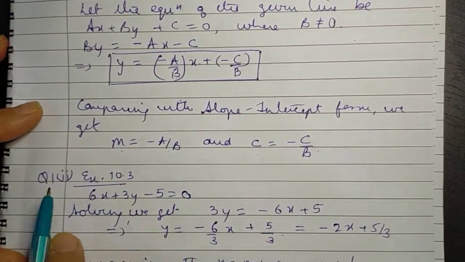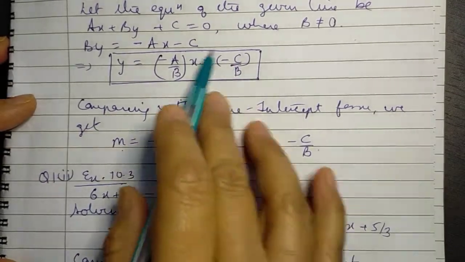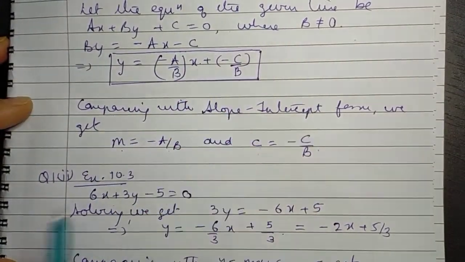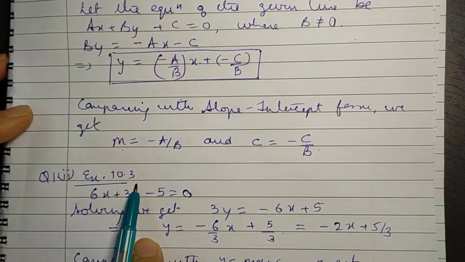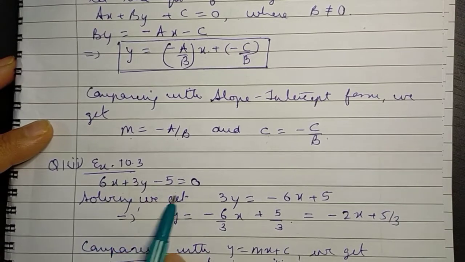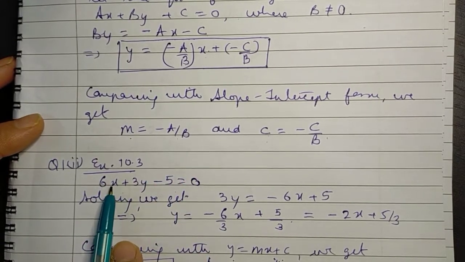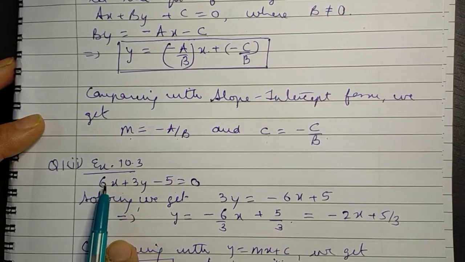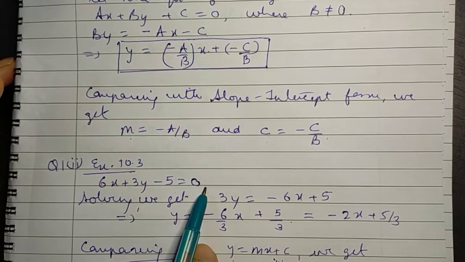Okay, so now let's just quickly take up one question to understand this better. Let's take up question number 1, part 2 of exercise 10.3. It says that we have to find the slope and the y-intercept of the equation which is given to us as 6x plus 3y minus 5 equal to 0.